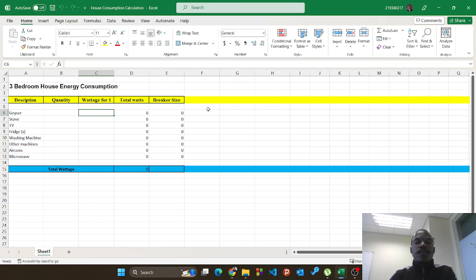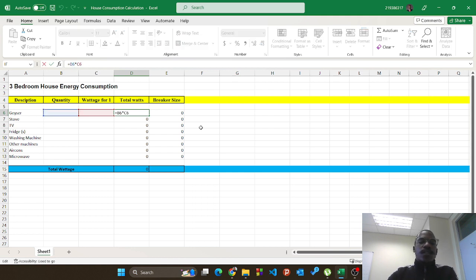We are not gonna go for industrial or commercial. We're just gonna use the residential plan. And then the total wattage is the formula here. You can see it's just the quantity of the amount of things that are in that house times the wattage, which gives you the total wattage.